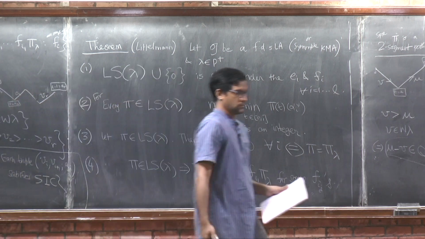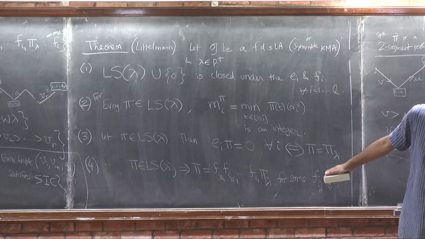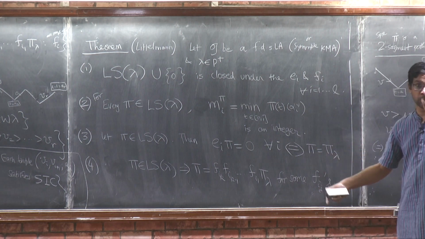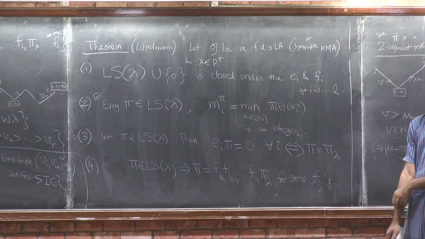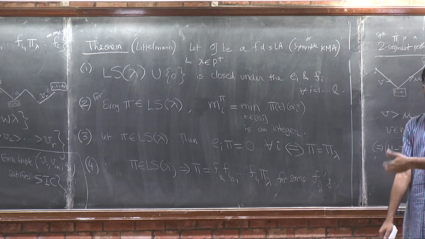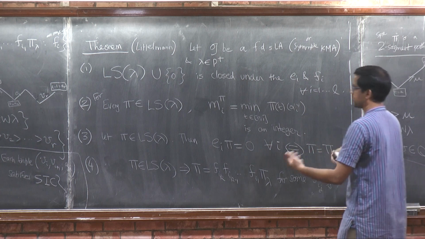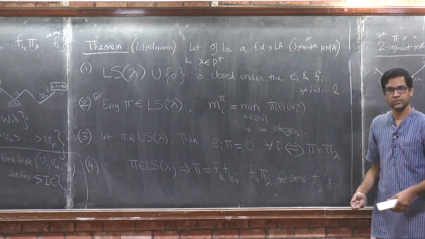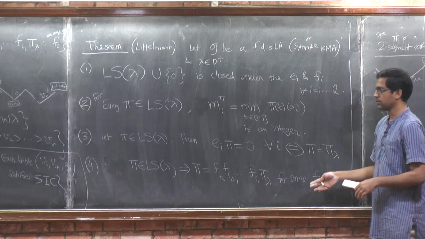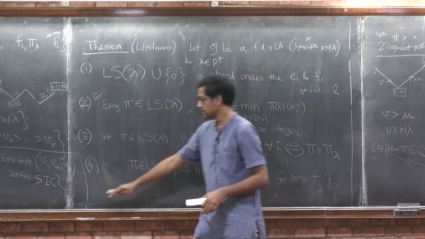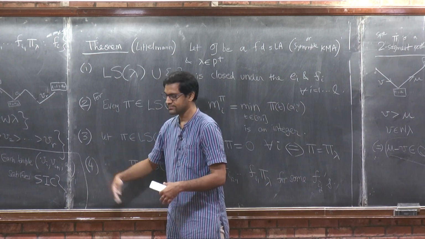Okay. So notice that the last condition was sort of where we began. I mean, that was what we attempted to construct, right? What are all the paths you get when you keep applying f's to your pi lambda? And then we tried to get more and more constraints on such paths. And finally, you arrived at this axiomatic definition.